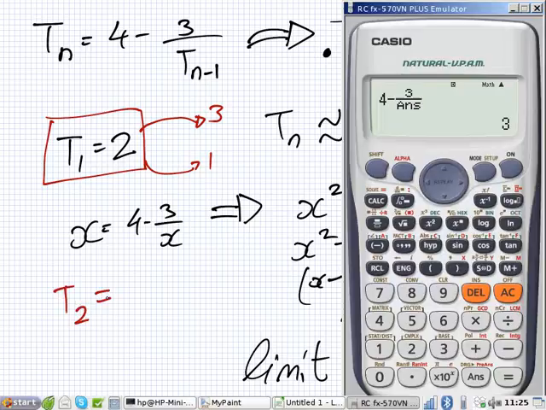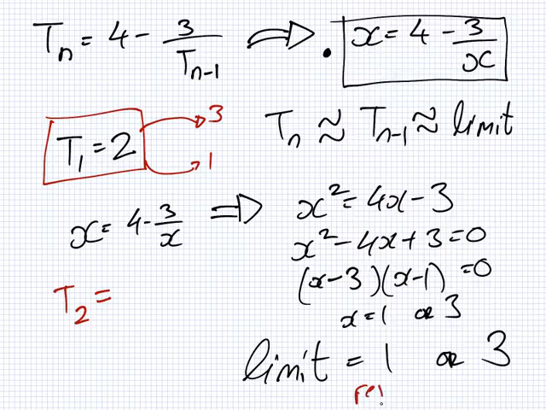T2 would be 4 minus 3 over 2, which is 2.5. So what do we think it's moving to? It looks like it's heading towards 3 and not 1. So I reject this one and accept this one as the answer.